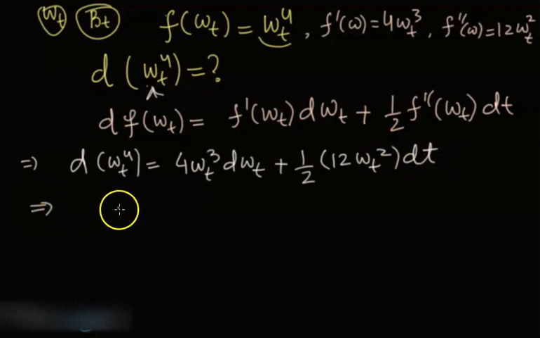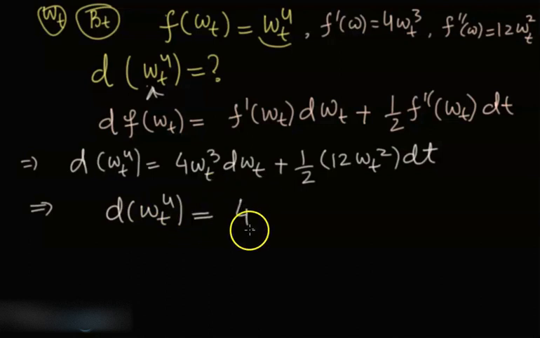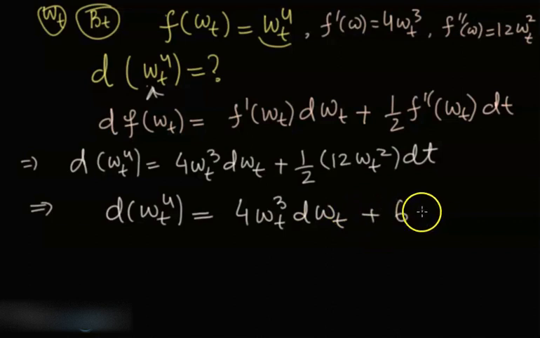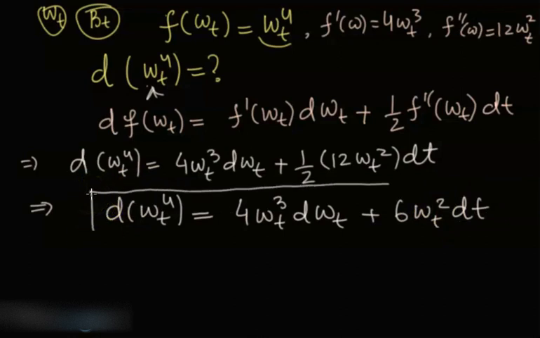Or this gives me the differential of W sub t to the power 4 as 4 times the cube of Brownian motion times the differential of Brownian motion plus 6 times the square of Brownian motion dt. So that's the differential of the required function.